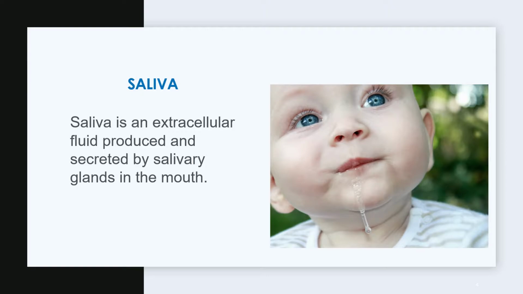Basically, not all the salivary glands are present in the mouth, but the saliva is secreted into the mouth with the help of salivary ducts. Whether the salivary gland is present outside or inside, in both cases saliva will reach the buccal cavity by the help of salivary ducts.